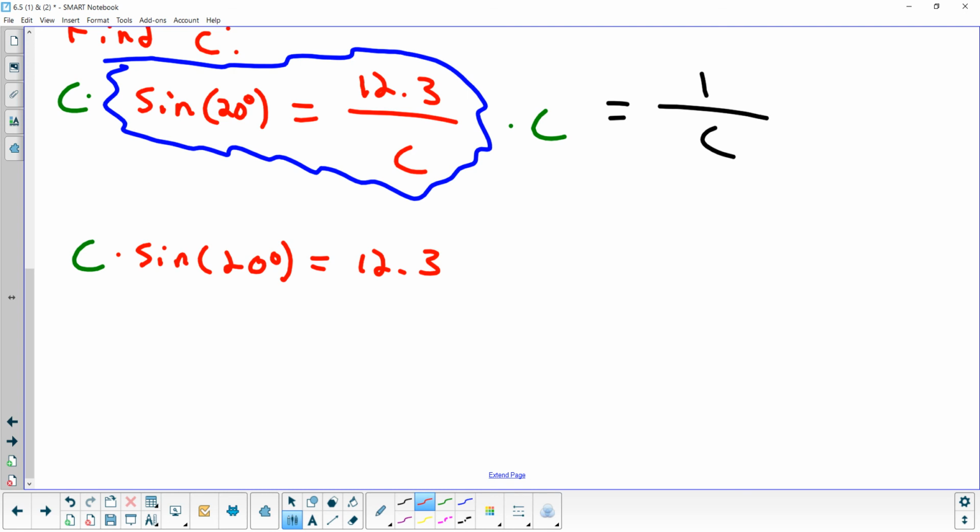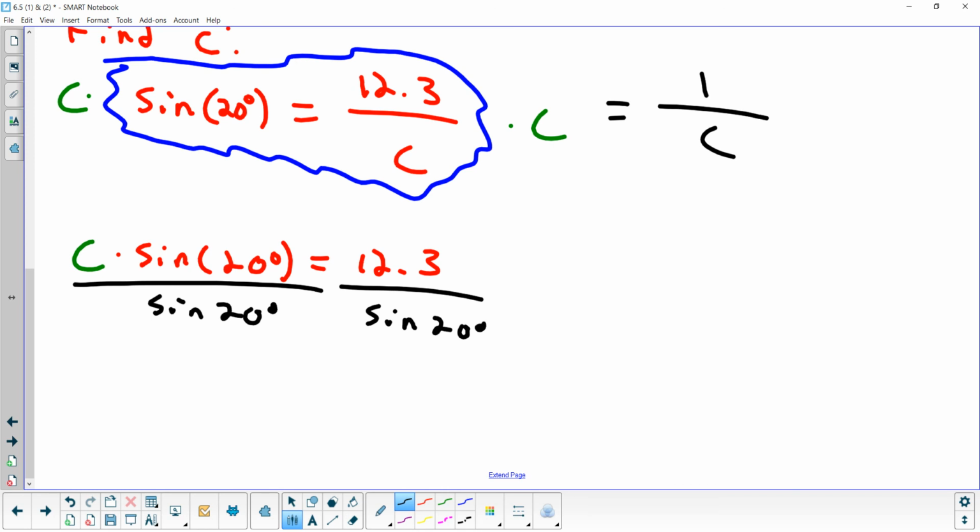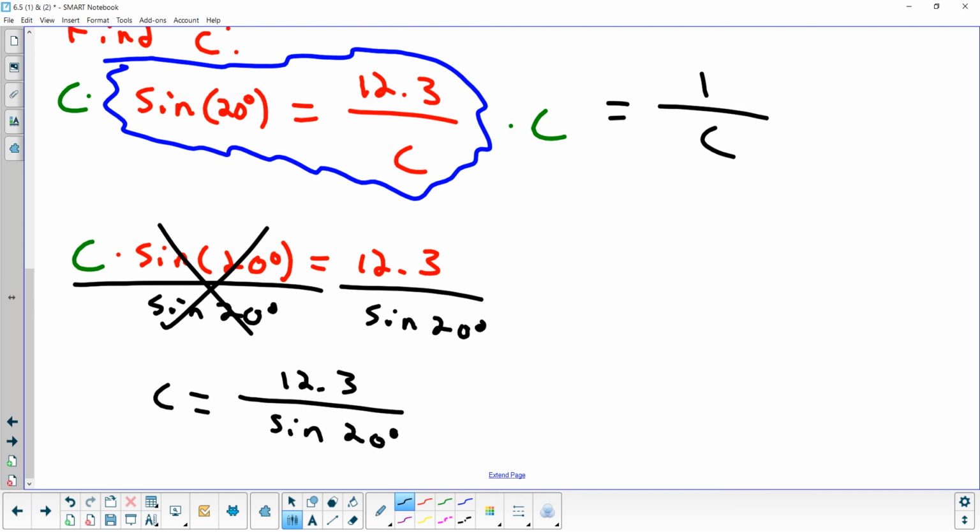And now, what would be my last step to get C by itself? Sophie? Divide by sine. Divide by sine 20. So that's gone. And we get C equals 12.3 over the sine of 20.